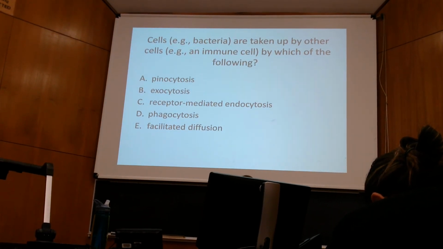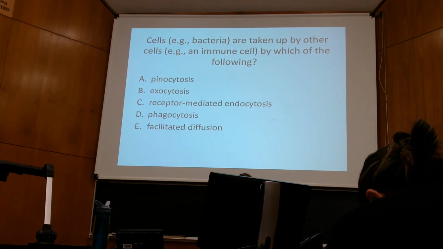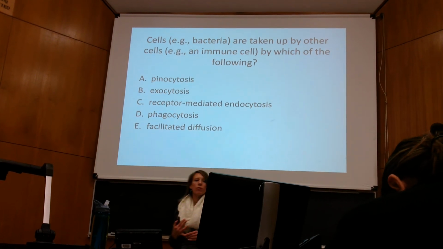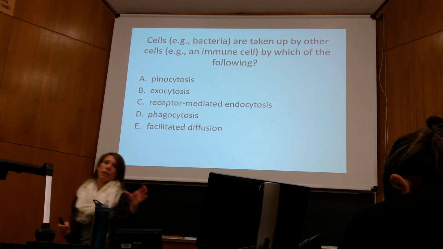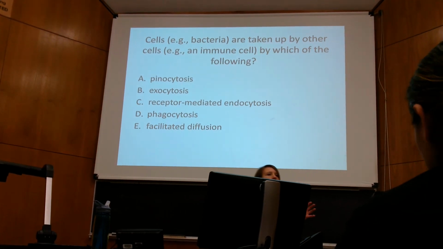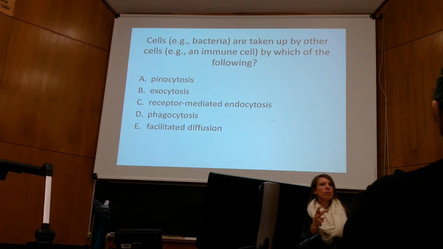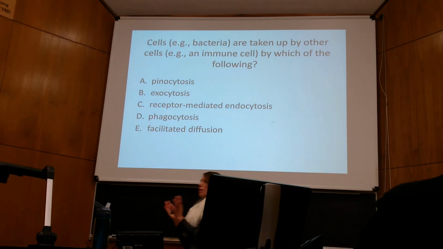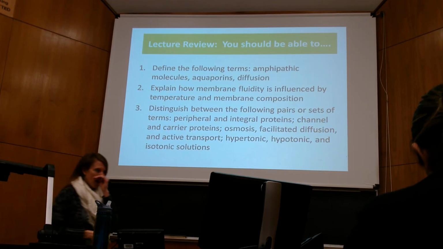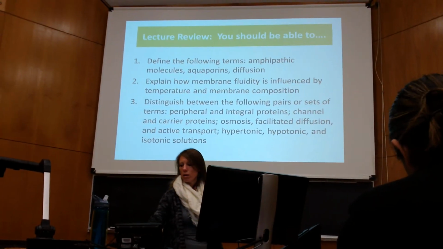B. What was that? If you think about a cell, another cell, like a bacterial cell, like the one I showed you on the very first slide, is a rather large, bulky item, right? So it's going to be phagocytosis: the cell membrane has to grow around that cell and pull it in. Okay.